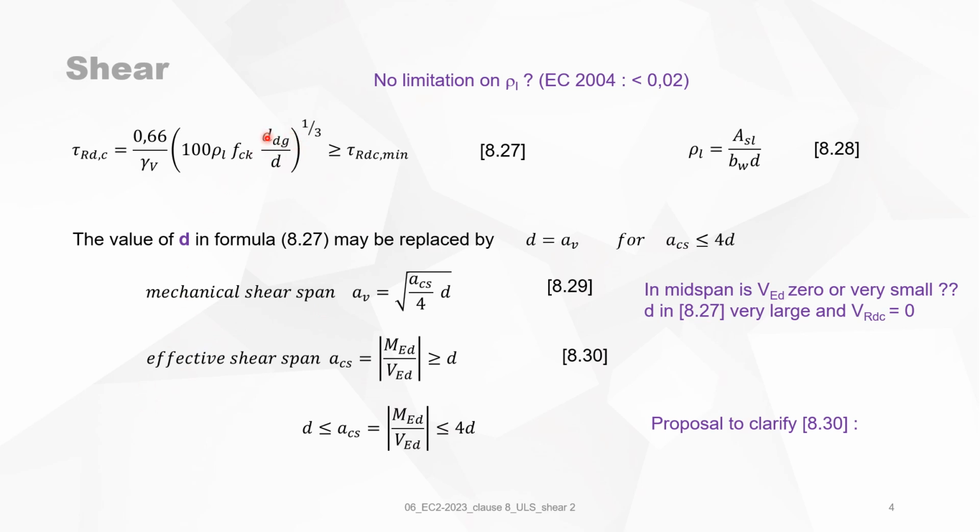In this formula, you will see d_dg that we talked about, which is the size parameter, and it gives an indication of the roughness of the crack zone.